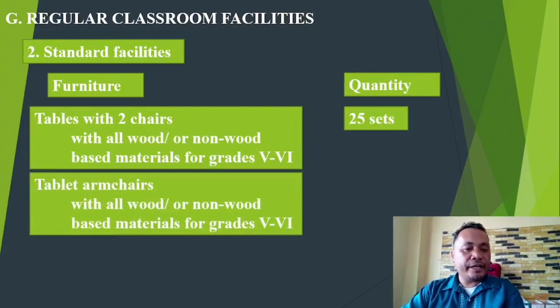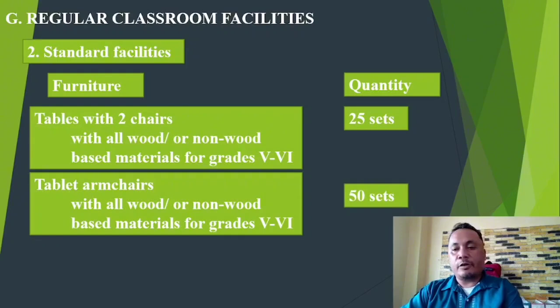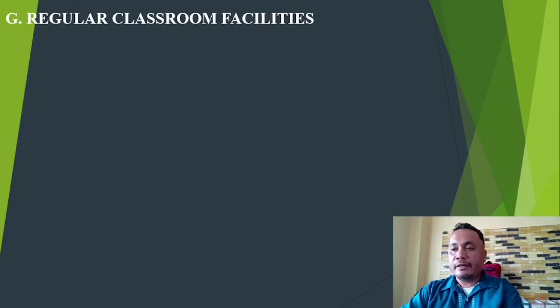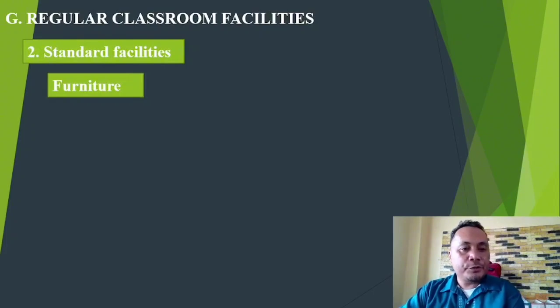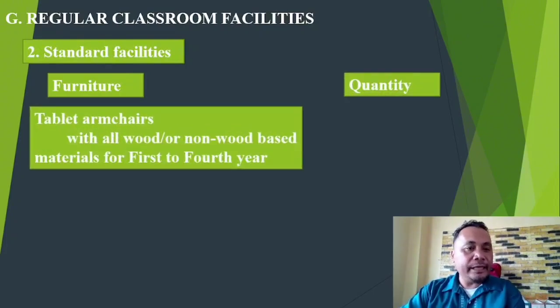Table armchairs, all wood or non-wood based materials for grades 5 to 6, quantity 50 sets. Another one is standard facilities, furniture: table armchairs, all wood or non-wood based materials for first to fourth year. This is for the secondary.